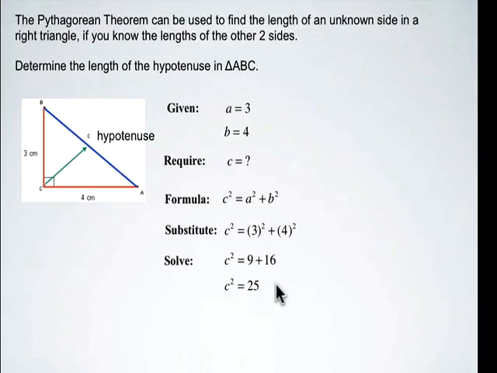Now, given c squared is equal to 25, we have to take the opposite operation, and the opposite operation of squared in order to isolate the variable is the square root. So now we have to take the square root of both sides of the equation, and the square root of c squared equals the square root of 25.